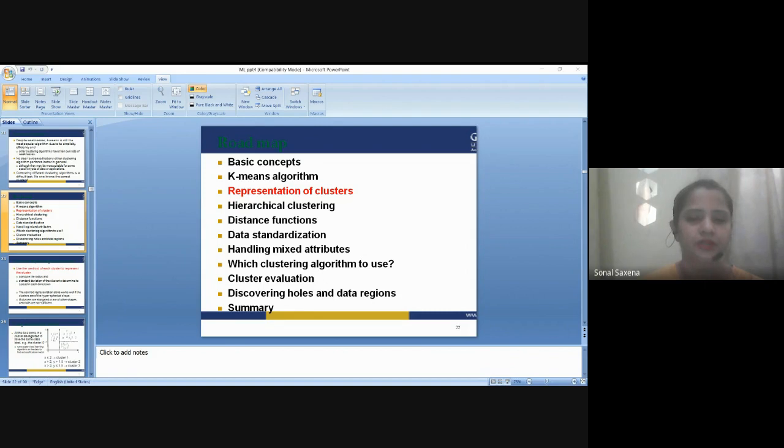Afterwards, we'll see the cluster evaluation, how you evaluate on the basis of quality, what quality it is delivering. Then discovering the holes or gaps in the data regions. And finally, we'll move over to the summary part. These are the objectives for today's presentation. So let us quickly move forward and see what else we have to cover here.